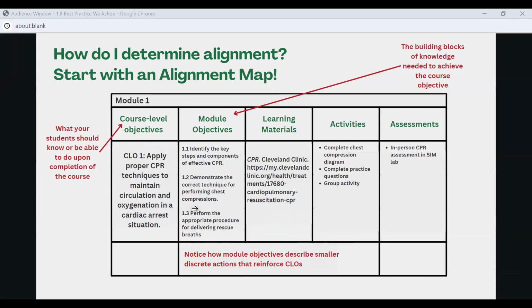So you can imagine how this might pertain to your course and to the content that you teach, being able to break down these big learning goals into smaller, more discrete steps that are attainable during that specific time frame and that are timely, because they build upon each other. And then you can find your learning materials, your activities, and your assessments that would reinforce and give the students the correct both knowledge and practice to be able to accomplish these objectives.